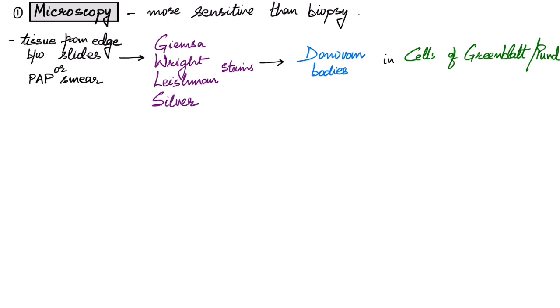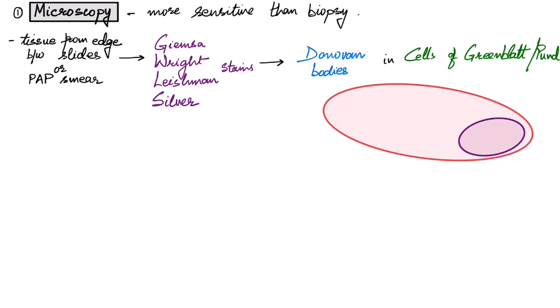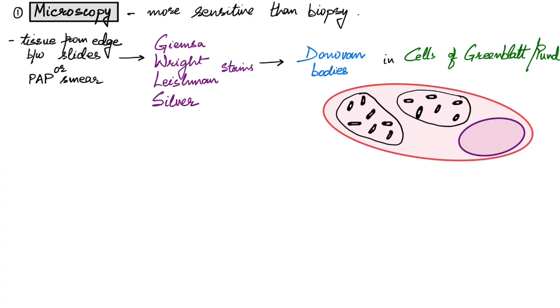So how do these cells look? These are large macrophages, or you can call it epithelioid cells, where the nucleus is pushed to one side by large vacuoles or space containing the capsulated bacteria of Klebsiella granulomatis, which has a characteristic safety pin appearance because of the condensation of the chromatin at the two poles of the bacteria.